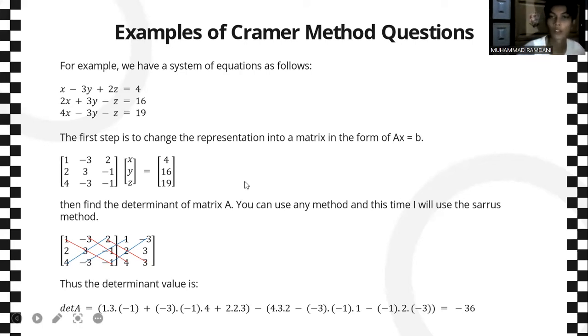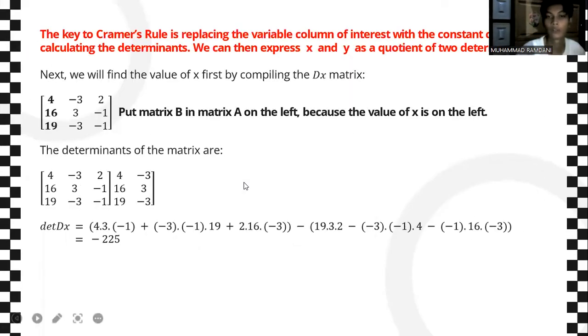Okay, for the next step, I will show you how to find the other determinants like determinant x, y, and z. First thing to remember is the key to Cramer's rule is replacing the variable column of interest with the constant column and calculating the determinant.